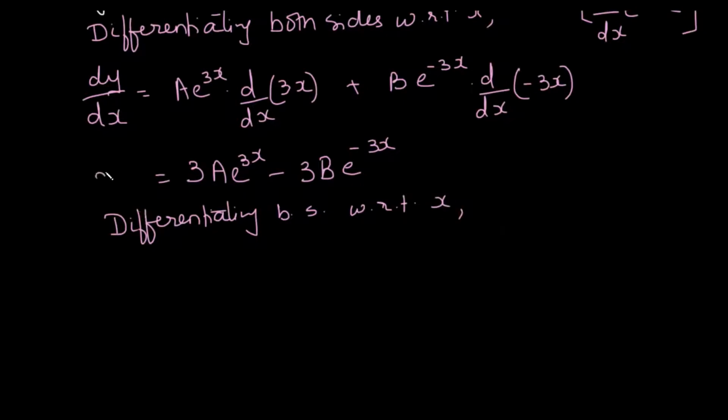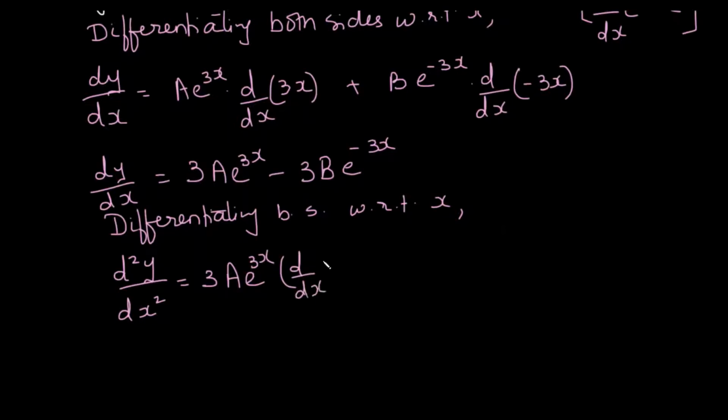Over here, this is actually dy by dx, so dy by dx becomes d2y by dx2, which is equal to, again using the chain rule, 3 into a e raised to 3x into d/dx of 3x, minus 3b e raised to minus 3x, and also by chain rule d/dx of minus 3x.